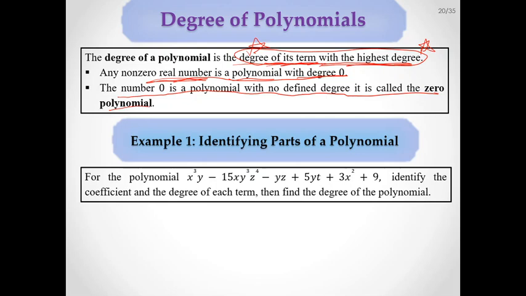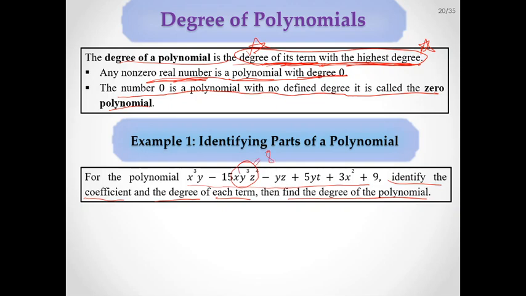Okay, let's look at here. It says for the polynomial, identify the coefficient and the degree of each term, then find the degree of the polynomial. So let's go with the degree of the polynomial first. The degree of a polynomial is the degree of its term with the highest degree. Now what is the degree of this? It's 1, 3, 4.